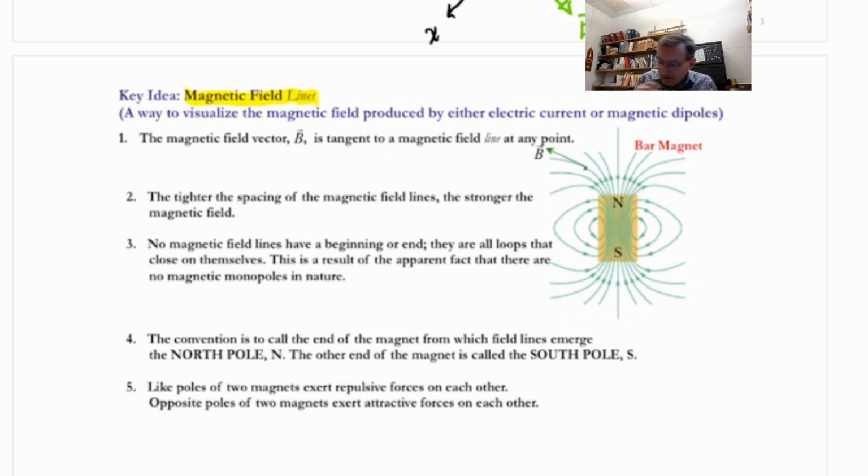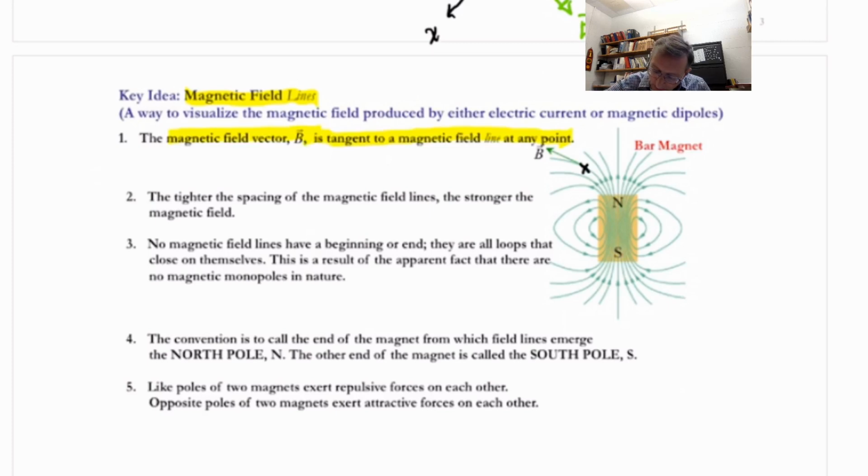All right, so then you draw for your magnet some magnetic field lines. And this bar magnet has magnetic field lines that you see drawn in green, and they have arrows on them to represent a direction. And then at any given location in space, like right there, the actual magnetic field vector, B arrow, at that point, is tangent to the magnetic field line at that point in the direction of the magnetic field line.